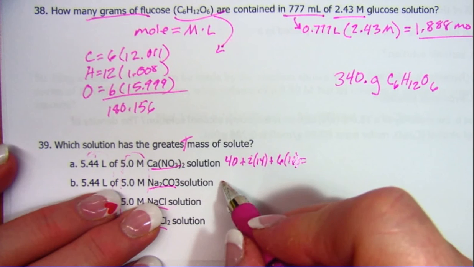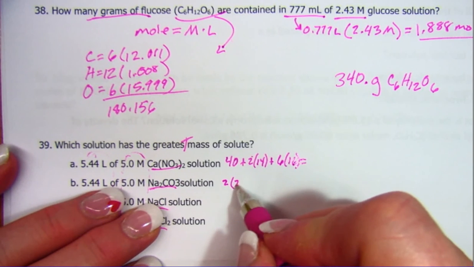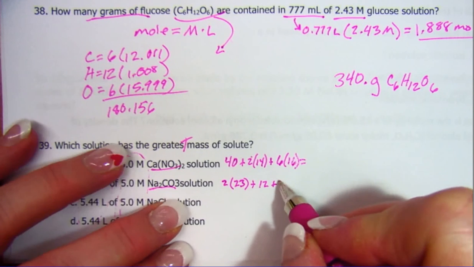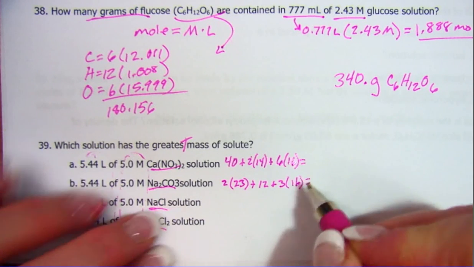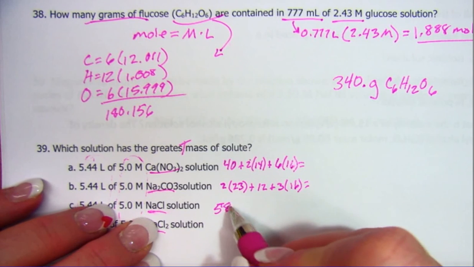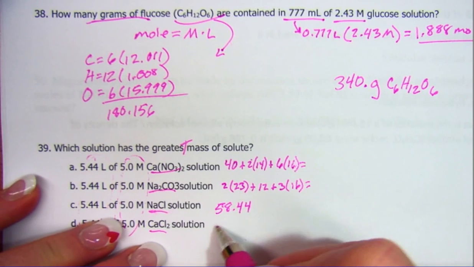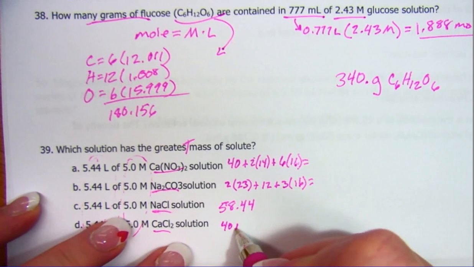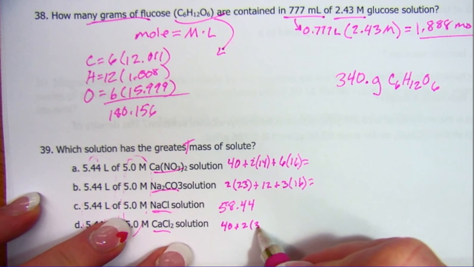This one would have 2 times 23 plus 12 plus 3 times 16, get an answer. This one is, we've already done, 58.44. This one would be calcium 40 plus 2 times 35.